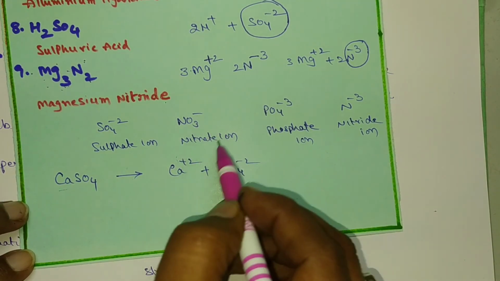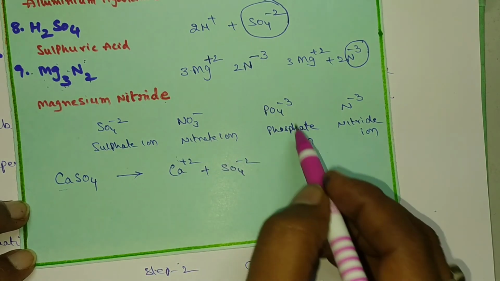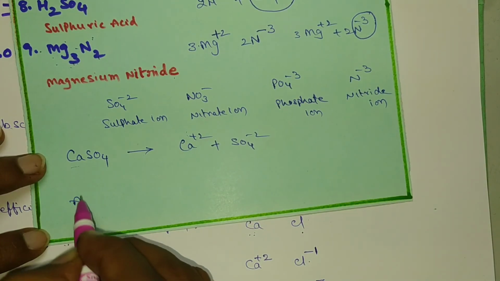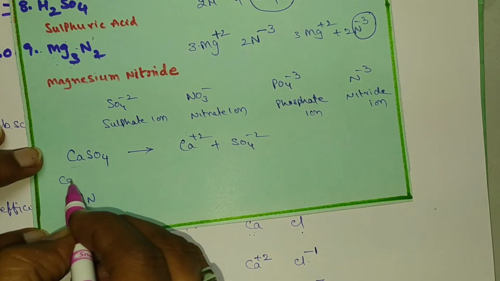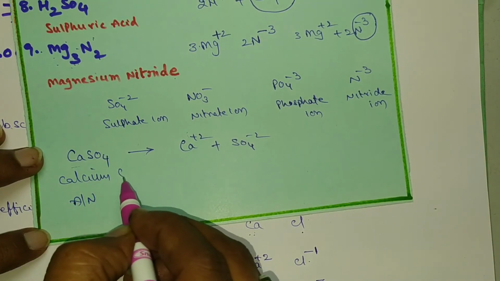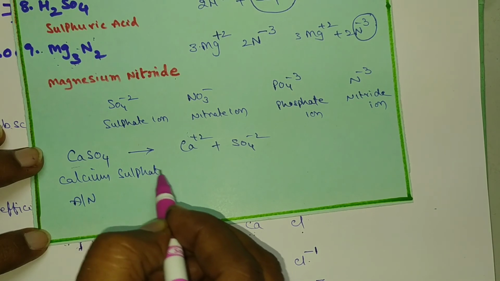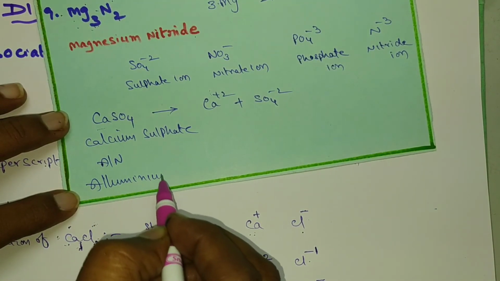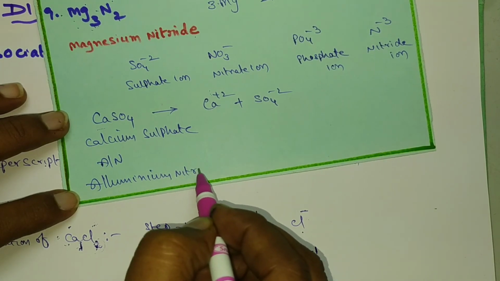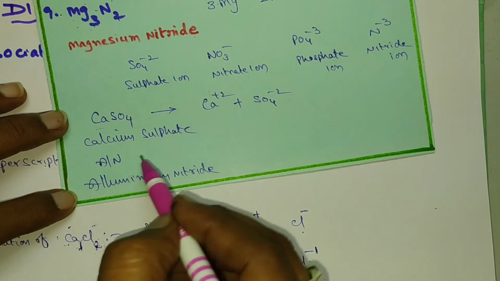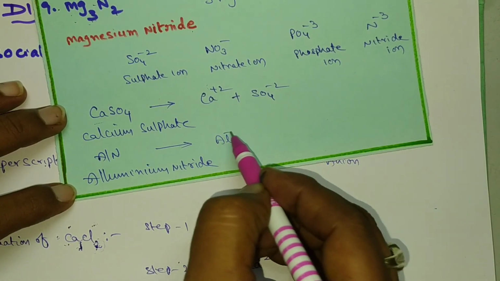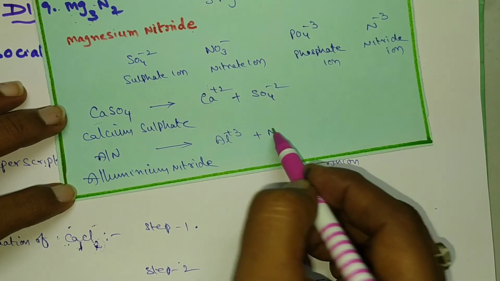And in the case of the nitrate ion, phosphate ion, and nitride ion also, suppose you take AlN, here it is aluminum nitride. This aluminum nitride upon dissociation produces Al plus 3 plus N minus 3.